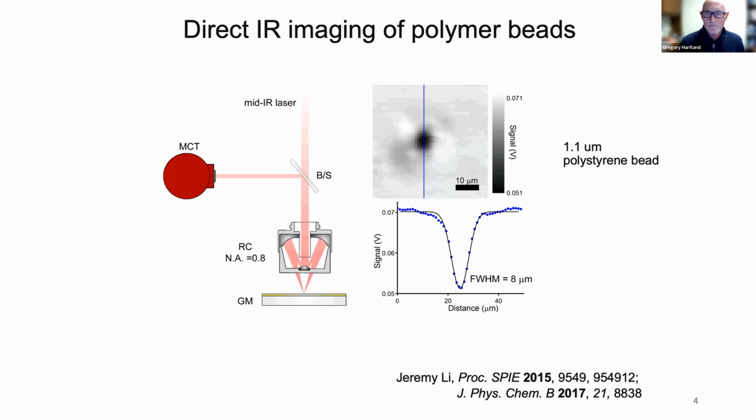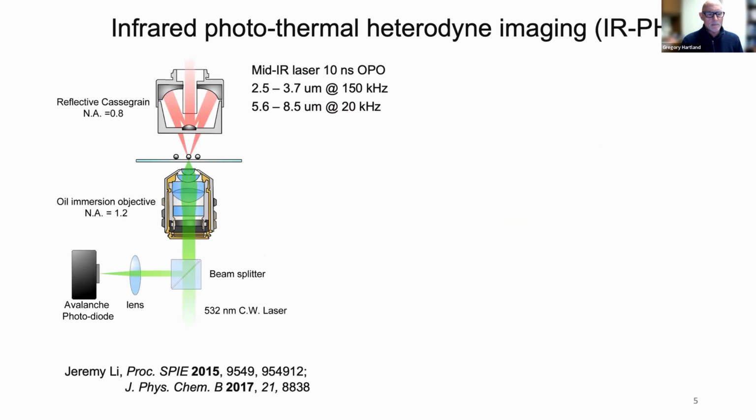So the approach that we've already heard from a couple of speakers in this webinar that you can use to improve this is to do a photothermal image, where the spatial resolution now becomes limited by the probe laser. This is the way that I, at Notre Dame, in collaboration with Ken Kuno, first did these experiments. We focus an infrared laser at the sample with a reflective objective.